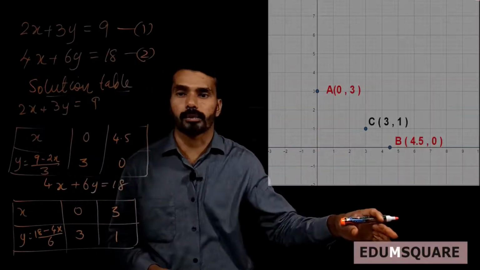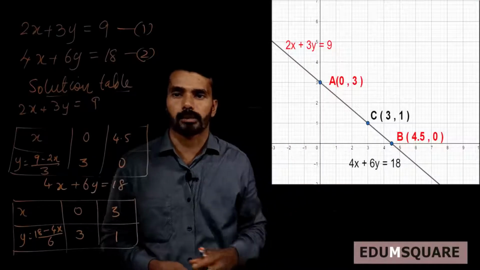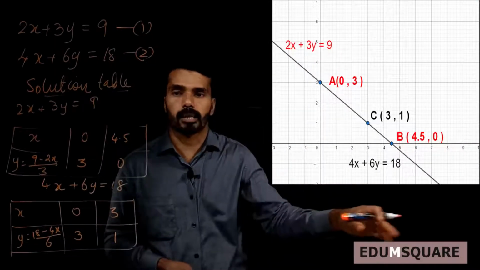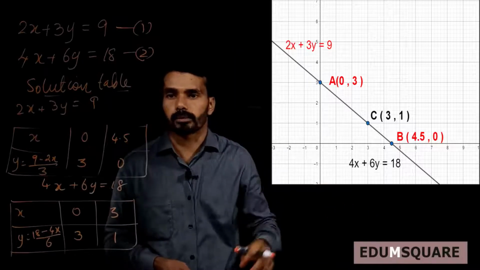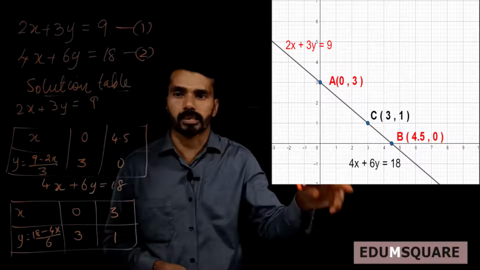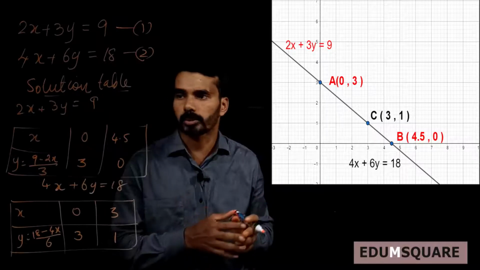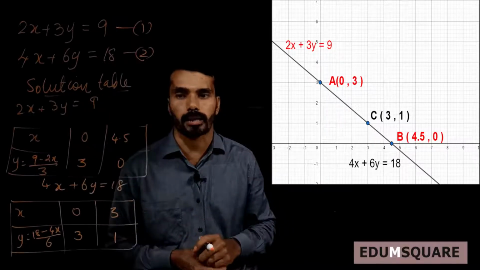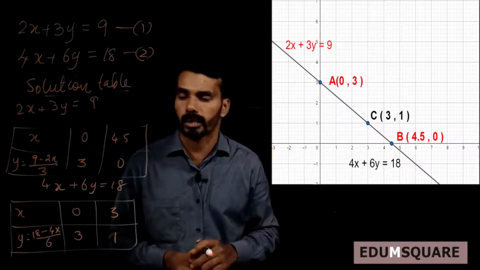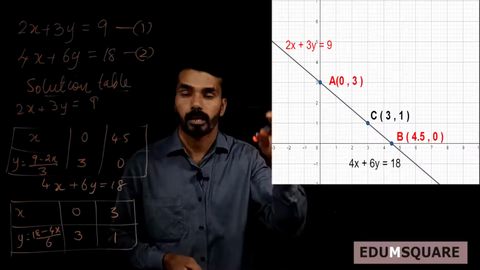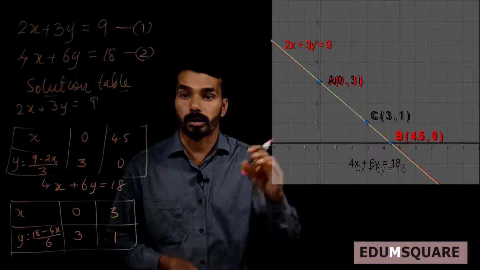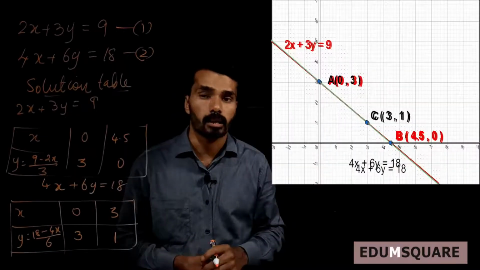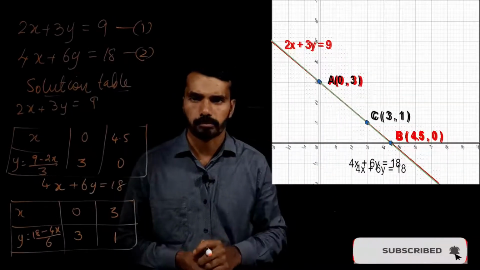Now let's join these points by using a straight line. What we can see here, yes, the line representing the first equation 2x plus 3y is equal to 9, and the line representing the second equation 4x plus 6y is equal to 18 coincide, or these 2 lines are coincidental.